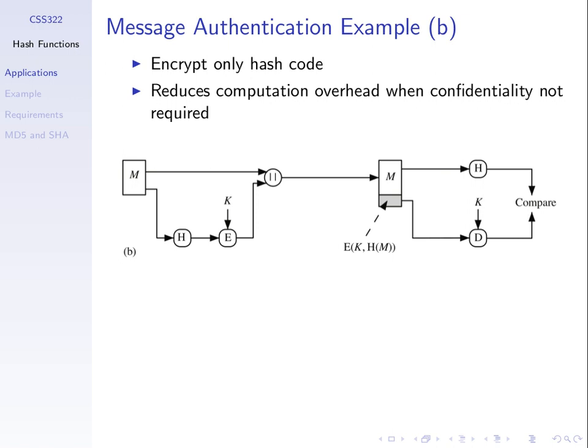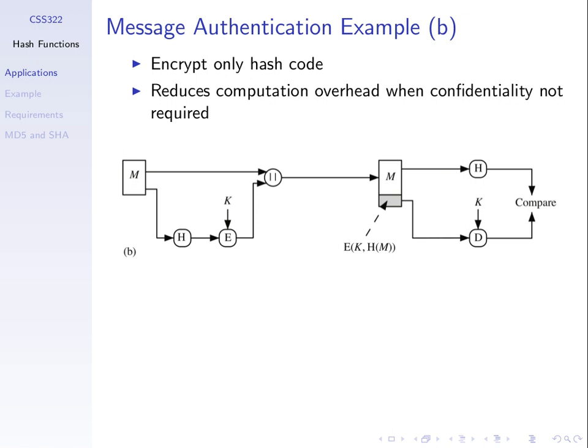So what the malicious user has done is modify the message, change the first 10,000 bits into something that they want it to be, but the last 100 bits, they've just taken a copy of them. The ciphertext, which is the encryption of the hash value, they've just taken a copy of that exact 100 bits and send it on to B.